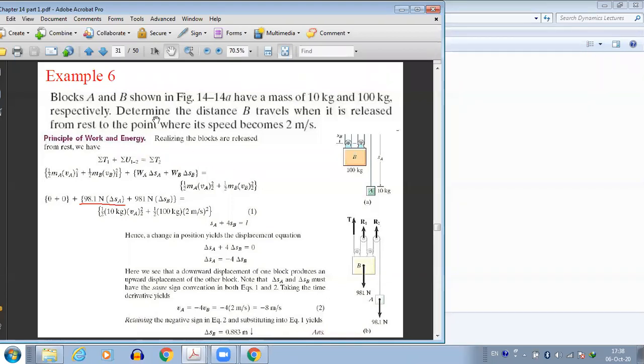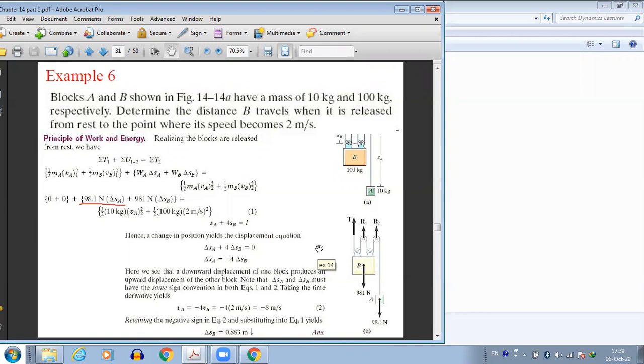Block A and B shown in the figure have a mass of 10 kg and 100 kg respectively. Determine the distance B traveled when it is released from rest to the point where its speed becomes 2 meters per second. So why is the work of A positive here?